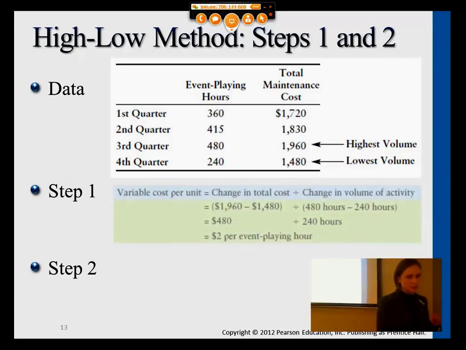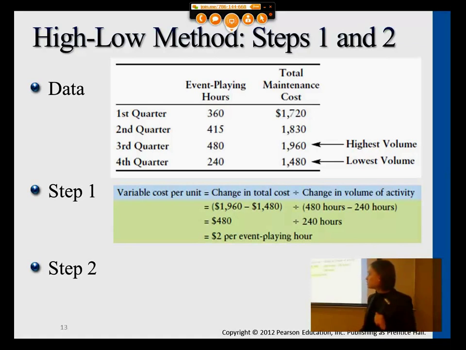So let's do the first step. We're going to calculate the variable cost per unit. My variable cost per unit is the change in cost divided by the change in activity. You take your cost and you divide it by the change in activity. Let's look at what they did. They took the highest number, subtracted the lowest, so we got this difference between the highest and lowest, which is $480 here.